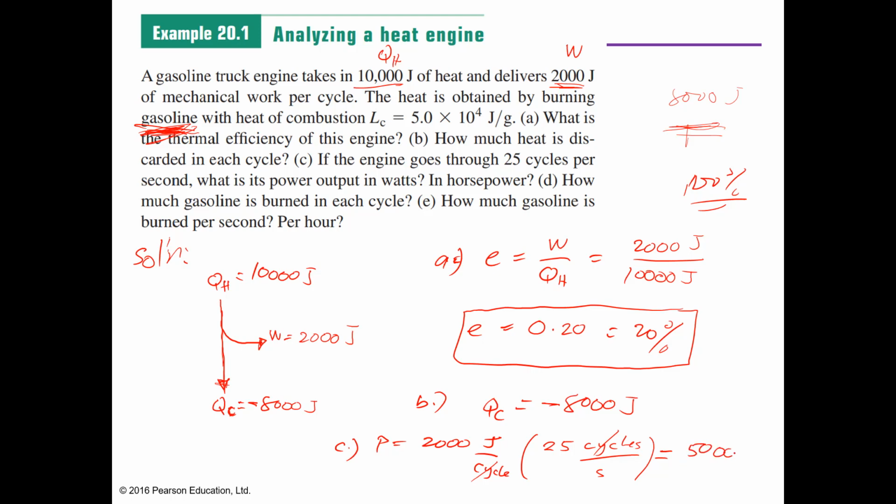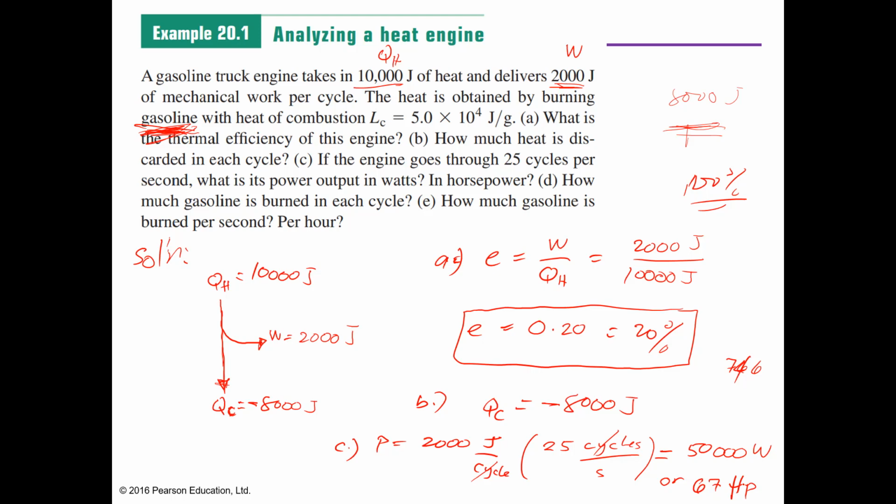50,000 watts or joule per second. Or if you convert this to horsepower, just divide this by 746. Okay, this in horsepower is equal to 67 horsepower.